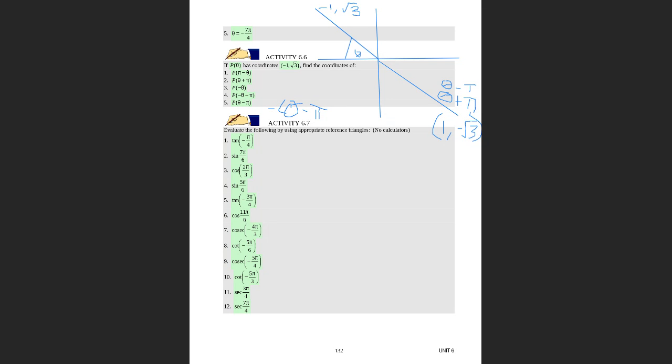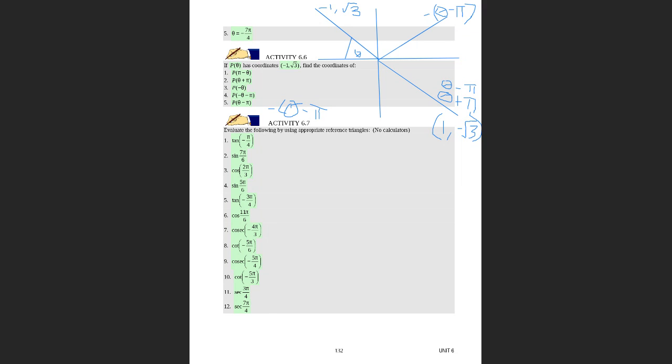But the second one, there was a minus here. So this minus made it go in the opposite direction here. Then here becomes minus into bracket theta minus pi.